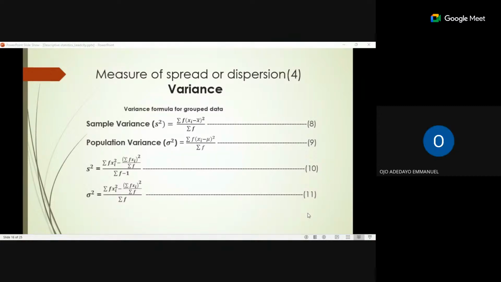Is it the same? Let me throw the question back. What do you think is wrong with equation 8? The -1 is missing. In equation 8, there is summation f only, there's no -1. So you put -1 there.